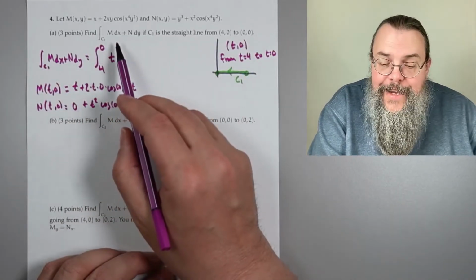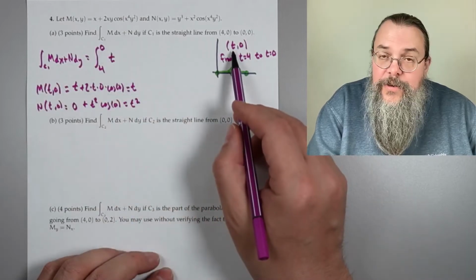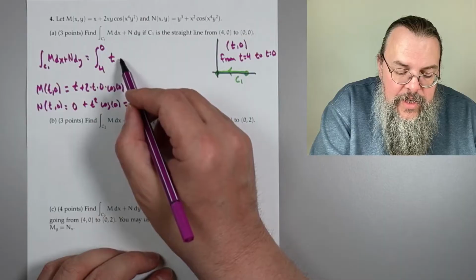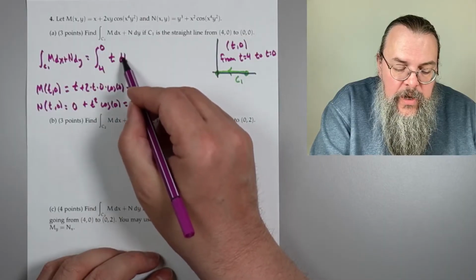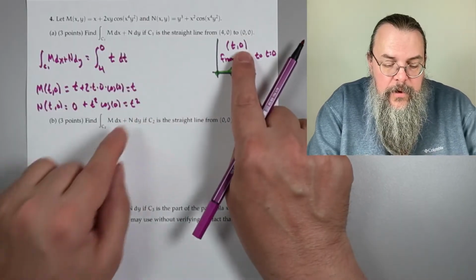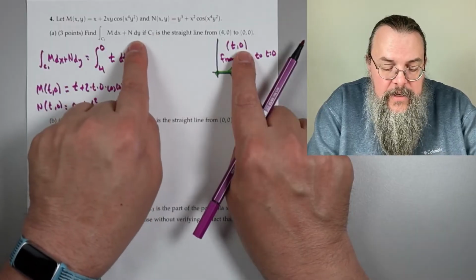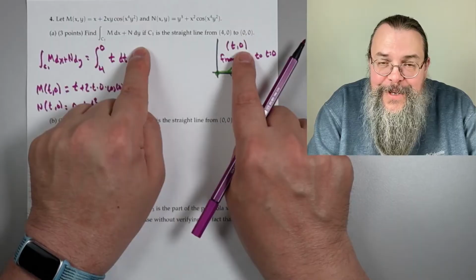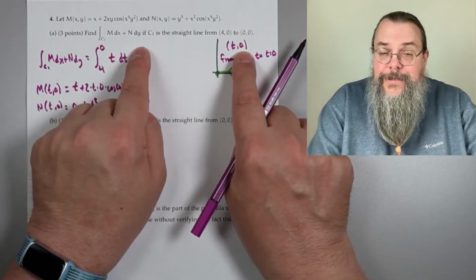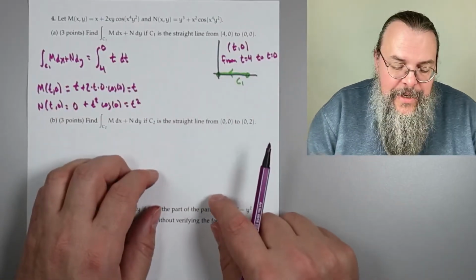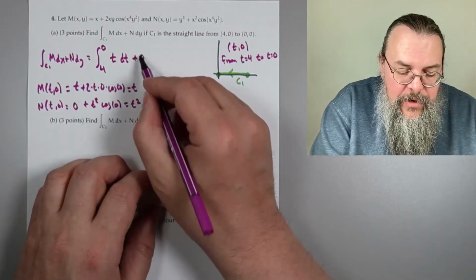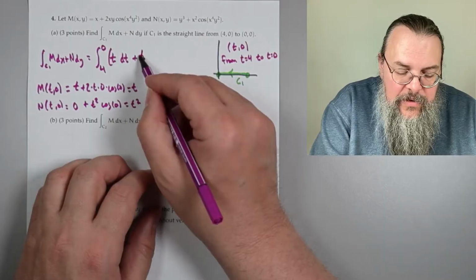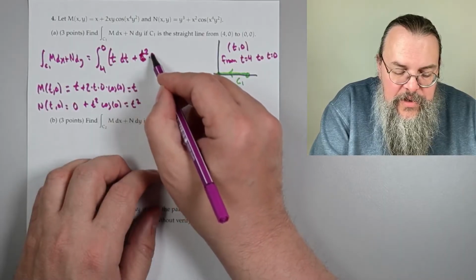All right, so we have our M is t. What about our dx? Take the derivative: if x is t, then dx is dt. And what about our other term? We have N, that's t squared, but what's dy? The derivative is 0, so that just goes away completely. Technically, we could say plus 0, or if you like, t squared times 0 dt.